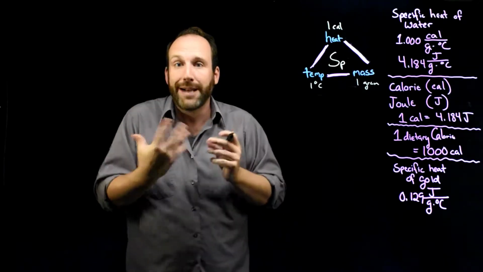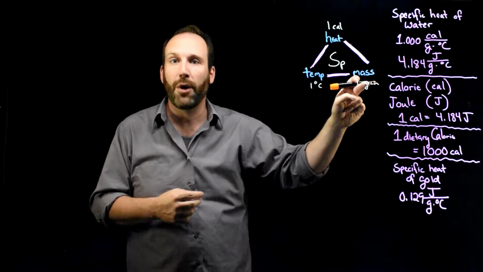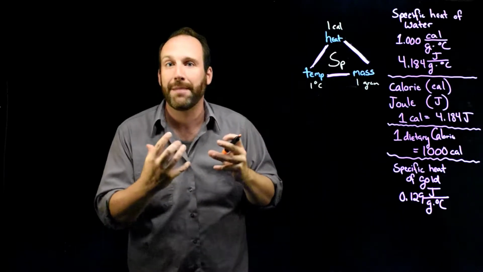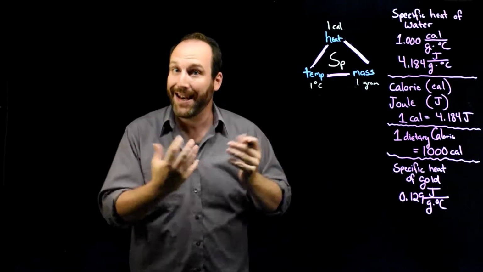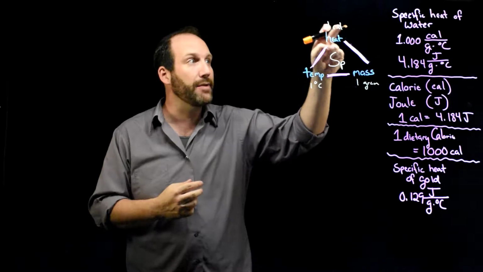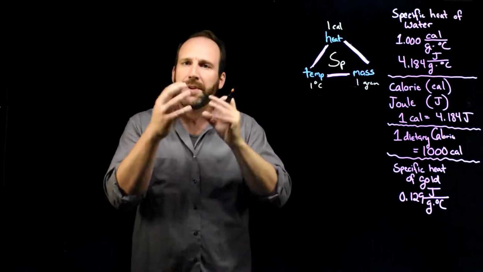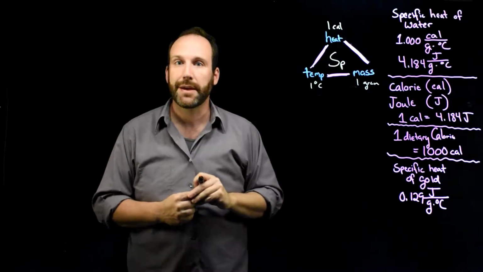Well, it would take twice as much heat, right? So 2 calories would raise 2 grams of water by 1 degree Celsius. What if we had 10 grams? If we had 10 grams of water, it would take 10 calories. 10 calories would raise 10 grams of water by 1 degree Celsius. So there's this multiplicative relationship here between heat and mass.